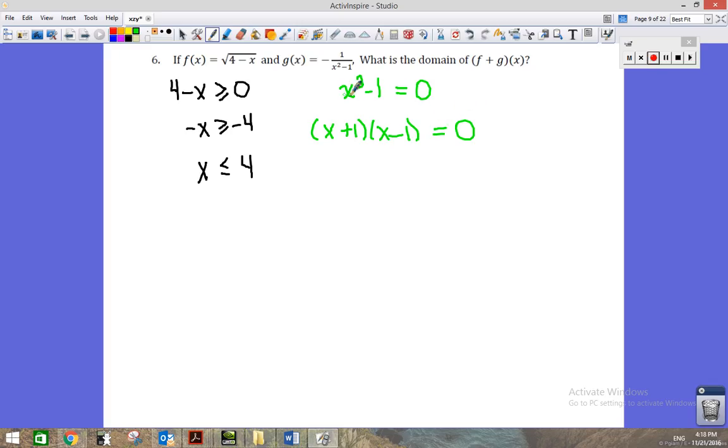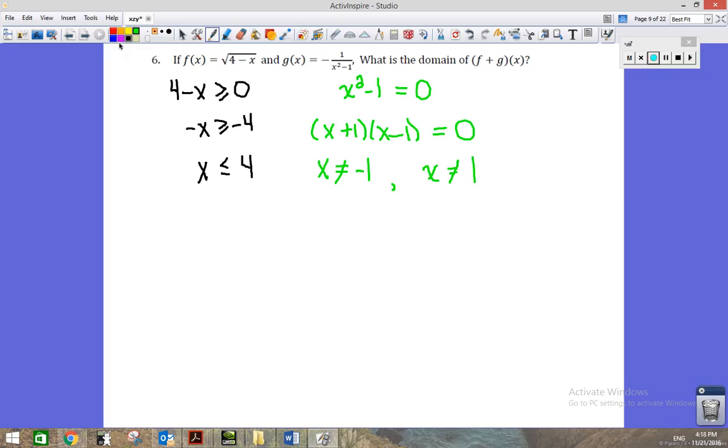It's easy to see that 1 squared is 1 and 1 minus 1 is 0, but a lot of students forget that negative 1 squared is also positive 1 and that 1 minus 1 is 0. So this equation has two solutions. They were solutions to x squared minus 1, which gives us a 0 in the denominator of this function.